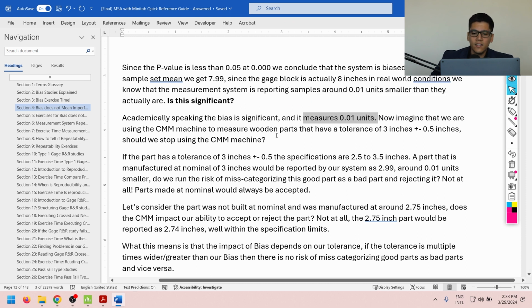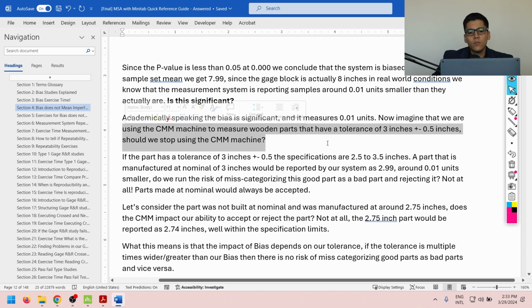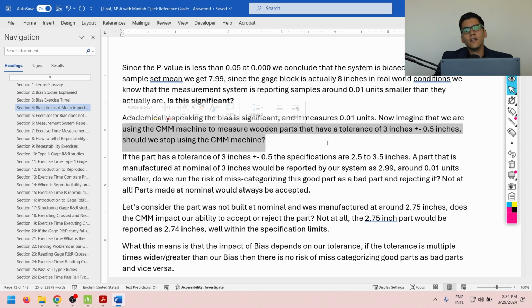Now please imagine that we're going to use this CMM machine to measure wooden parts that have tolerances of 3 inches plus or minus 0.5 inches. Should we stop using the CMM machine because it's biased? If the part has a tolerance of 3 inches plus or minus 0.5, the specifications are between 2.5 and 3.5 inches.